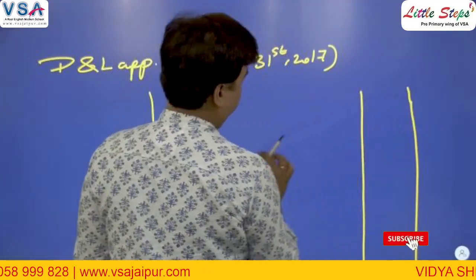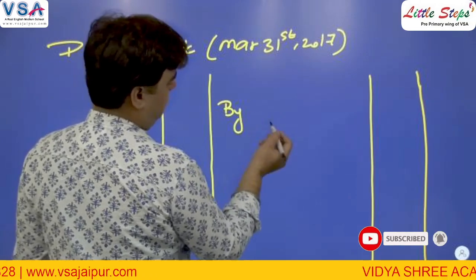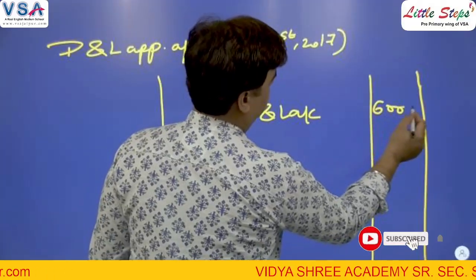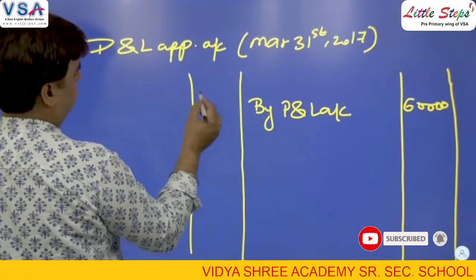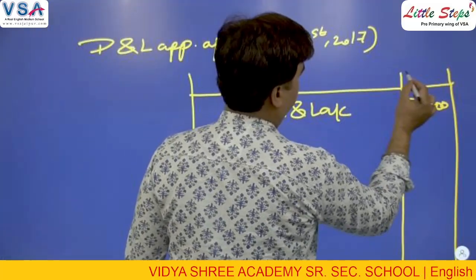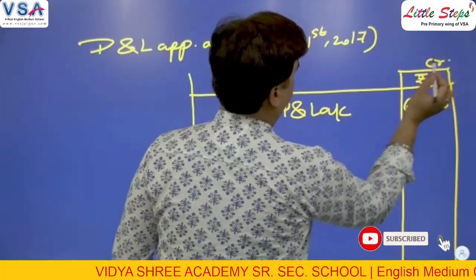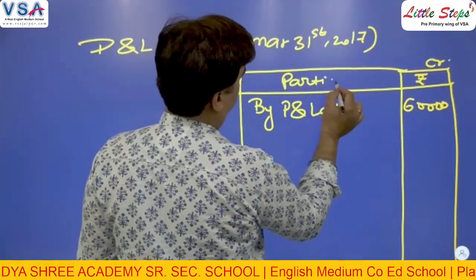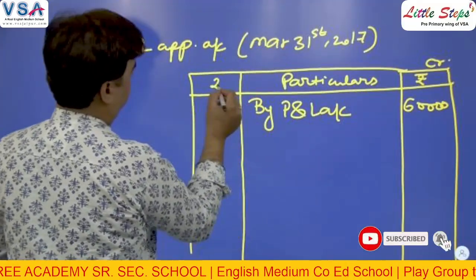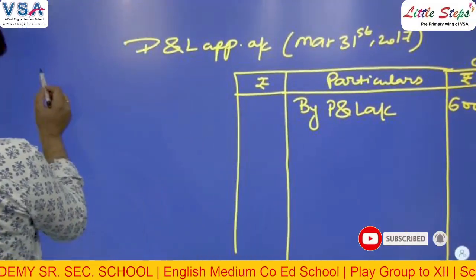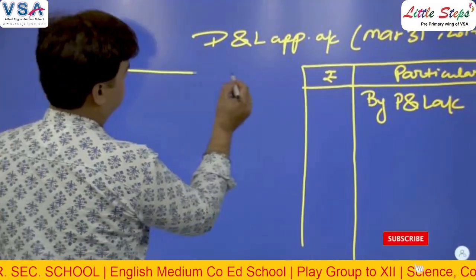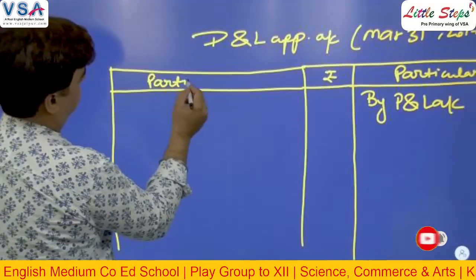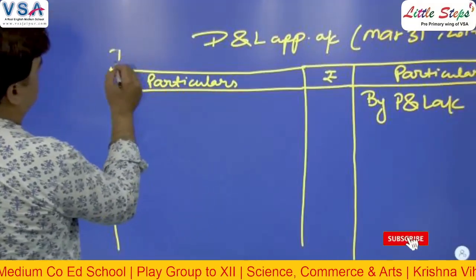Okay. Simply we'll start it by P&L account. The amount was 60,000. Right?